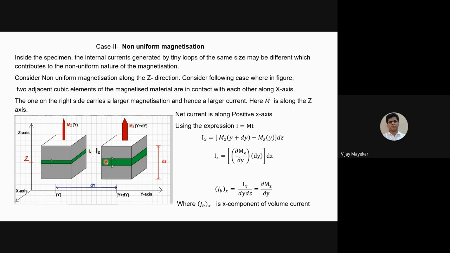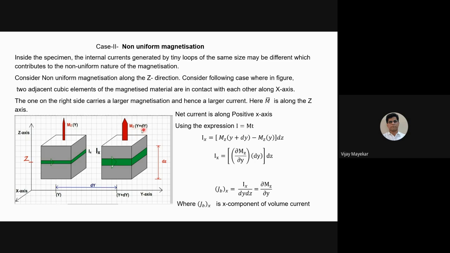Whereas on the right hand side chunk of the same size, if the magnetization is non-uniform, that means it changes from position to position. Here we consider the first chunk at position y and the second chunk at position y plus dy. They are pretty close. Along the z-axis, we are checking the magnetization of each chunk: Mz at position y, then Mz at position y plus dy.